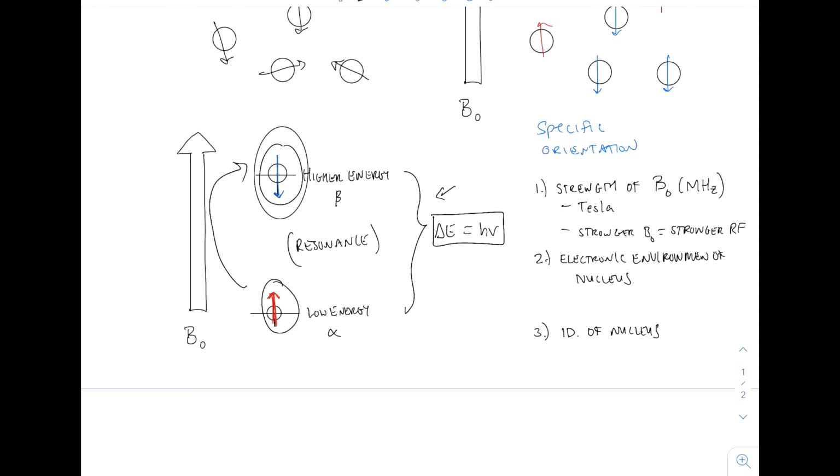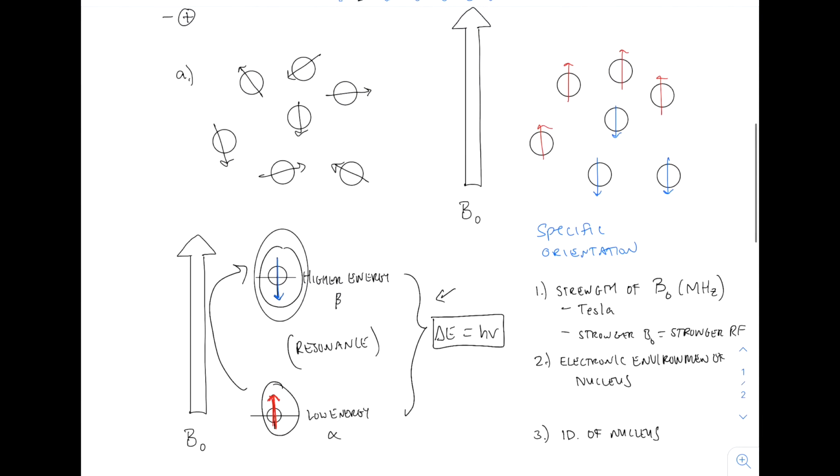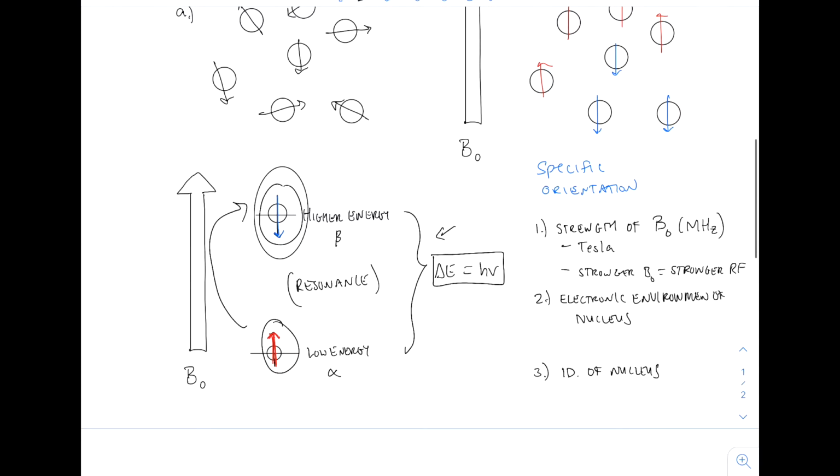We'll discuss this further in just a minute, but the electronic environment of the nucleus, that's basically, if you think about all of the nuclei as spinning charges, they're their own tiny magnets. And so they're creating their own magnetic field. And we're talking about how magnetic fields affect the spin of these nuclei, right?